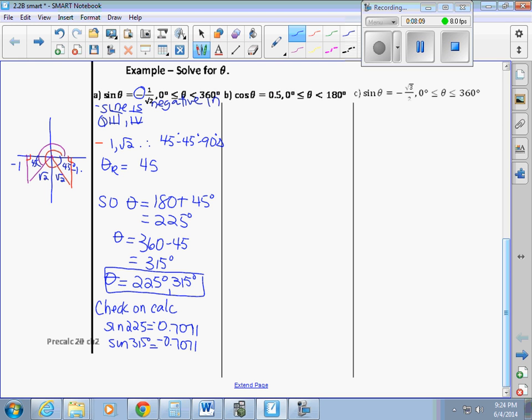Cos theta is equal to 0.5, and my angles have to be between 0 and 180. So I've got a restriction on there. So my cos ratio, first thing I look at, cos is positive. Cos is positive in quadrant 1 and 4.